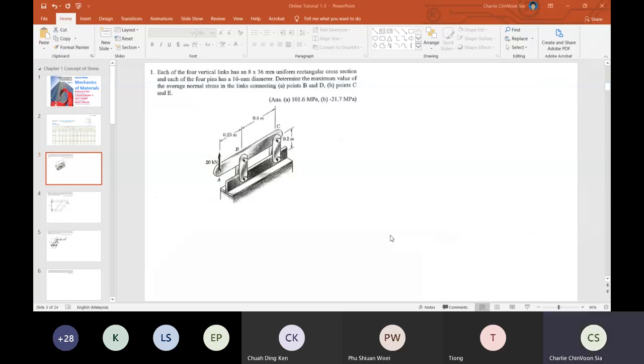Any question? Why so quiet? Now we have how many persons? 35, minus me and Tiong, so 33. Most of you are here already. Do you have any question regarding chapter 1, concept of stress?